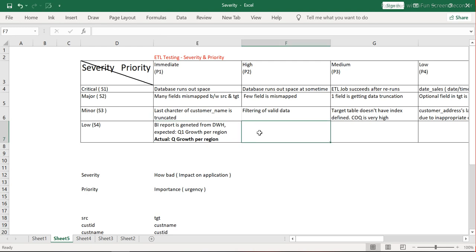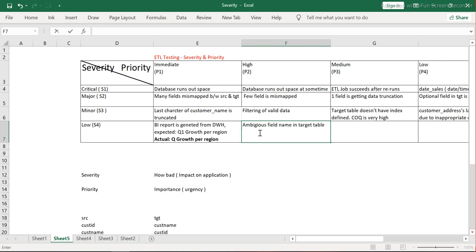Now, guys, what is an example of low severity and high priority? Low severity, again I say, doesn't impact anything, okay? So for example, let's say I have an ambiguous field name in the target table.